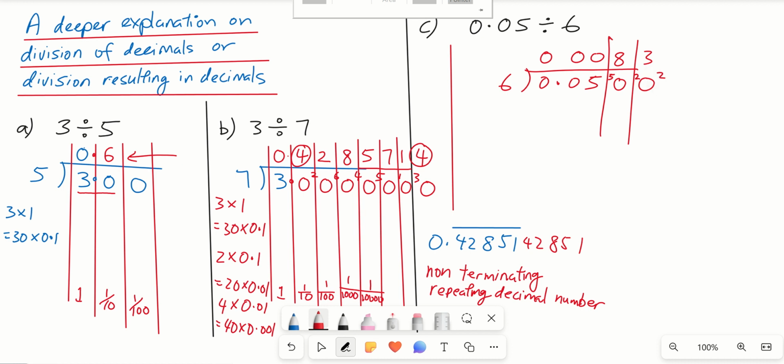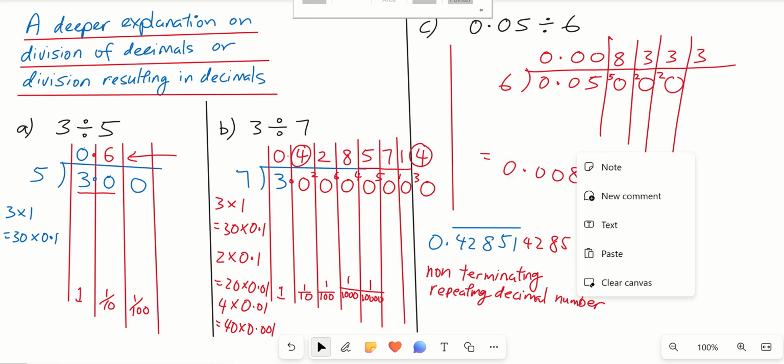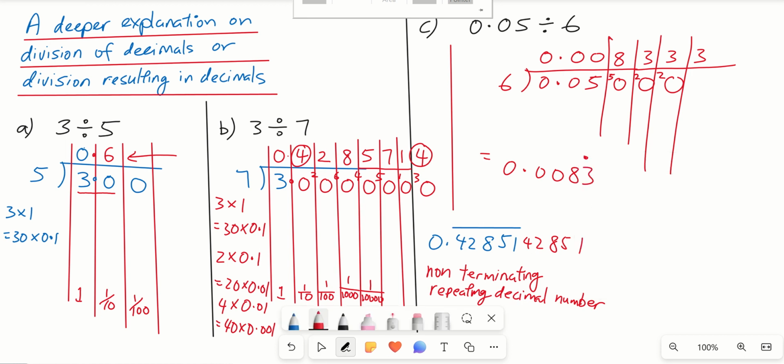Now, you can see from here that the pattern is going to repeat itself again. You end up with a string of 3s after this. So our answer becomes 0.0083 with a dot above the 3 to tell us that the digit 3 is going to continue forever.